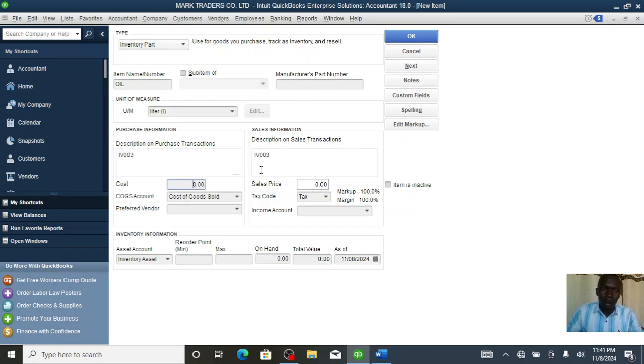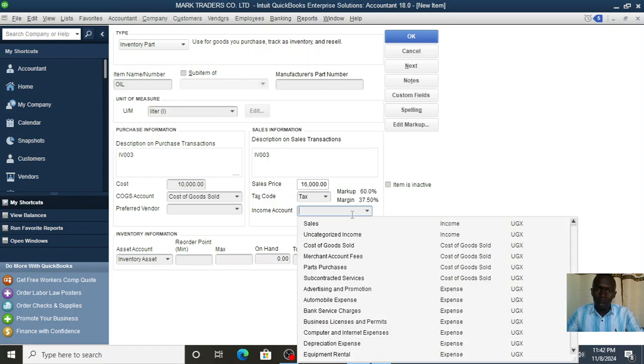The cost price is 10,000. Then the selling price is 16,000. Income account is under sales.